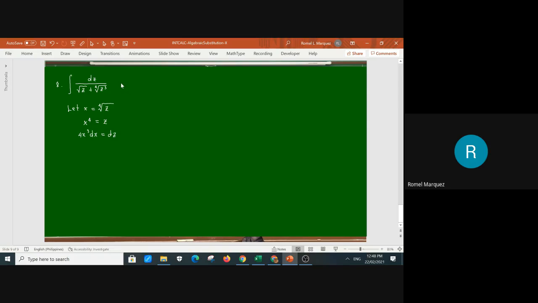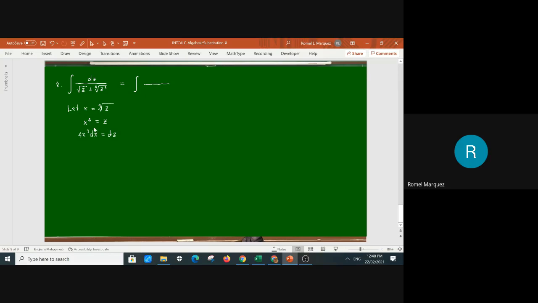Okay, guys? This is equal to, so what's the integral? Integral of 4x cubed dx over the denominator.